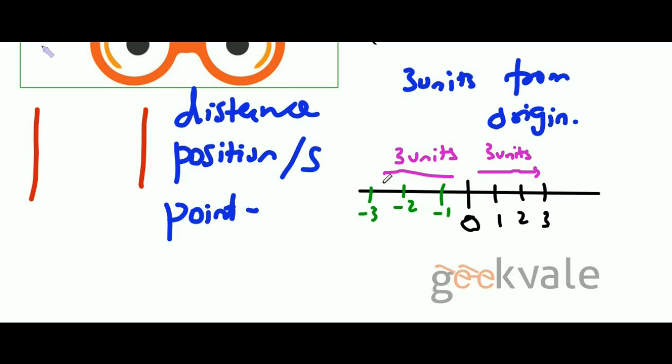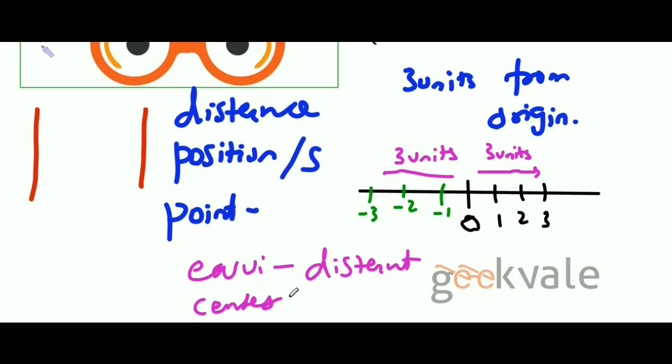We got 2 positions which are equidistant. Remember that word, equidistant. From what? This 0. This 0 is like a central point. The 2 positions which are equidistant from a center point. And that's what our absolute represents.